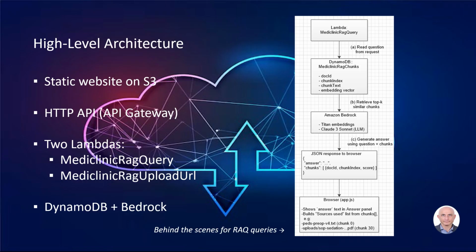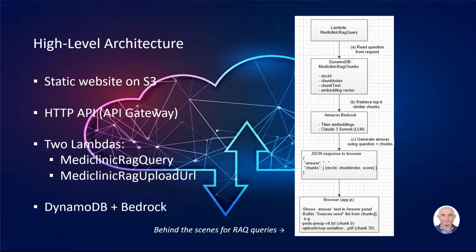In the high-level architecture that we see here, the front end is a static HTML JavaScript site hosted in an S3 bucket. When you click Upload or Ask, the browser calls an AWS API Gateway HTTP API. There are two POST routes. Upload URL, a Lambda called MediClinic RAG upload URL that hands out a pre-signed S3 URL so the browser can safely upload PDFs.